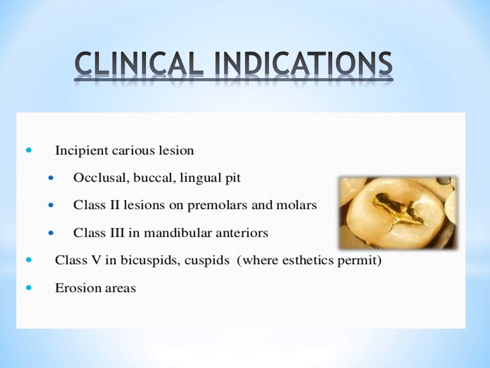So it has limited use, mostly where there are low stress bearing areas and non aesthetic areas. But like I mentioned, it is no longer used for the filling purpose now, because better materials are available in the market.